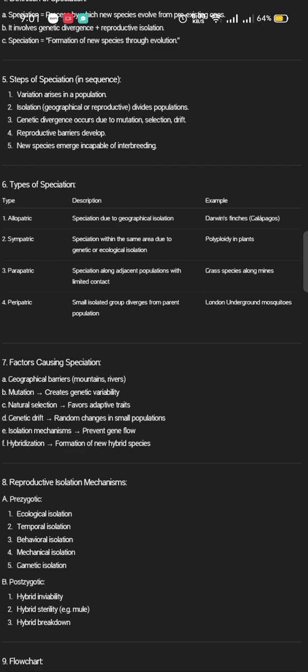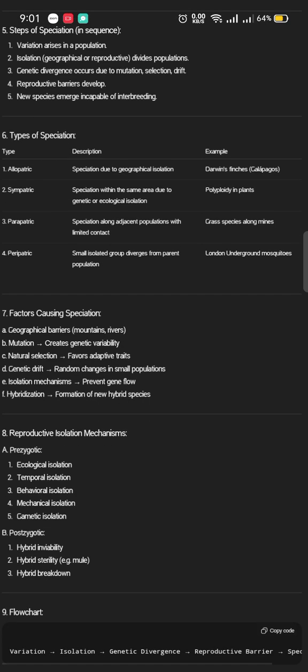Reproductive isolation mechanisms: prezygotic, before zygote formation, can be ecological, temporal, behavioral, mechanical, or genetic. Postzygotic, after zygote formation, includes hybrid inviability, hybrid sterility, and hybrid breakdown.